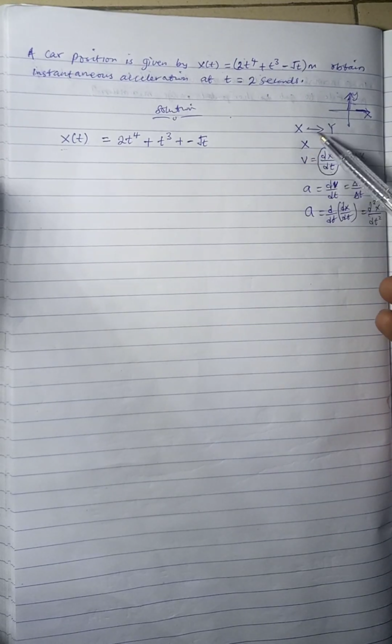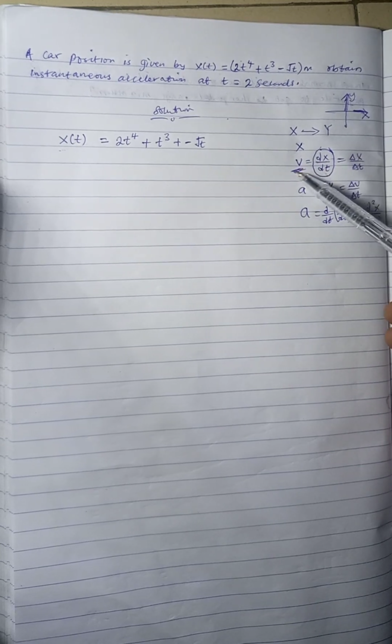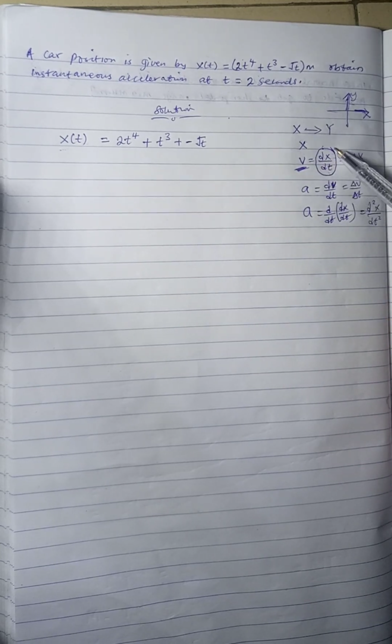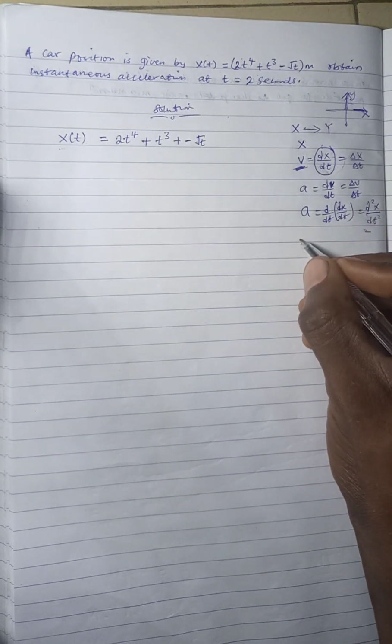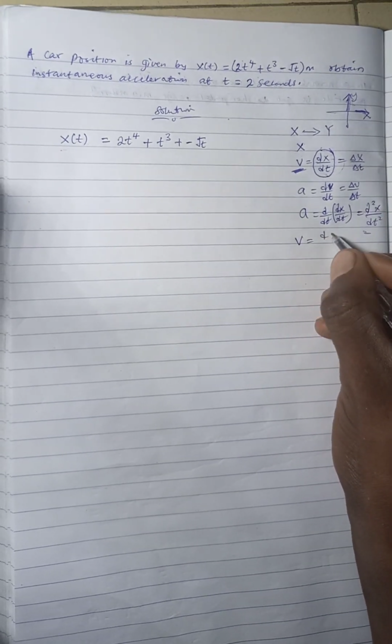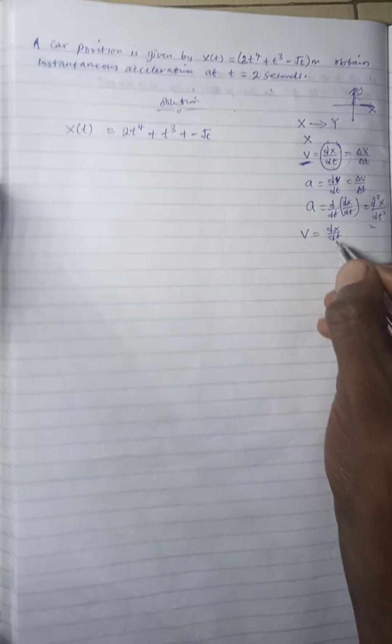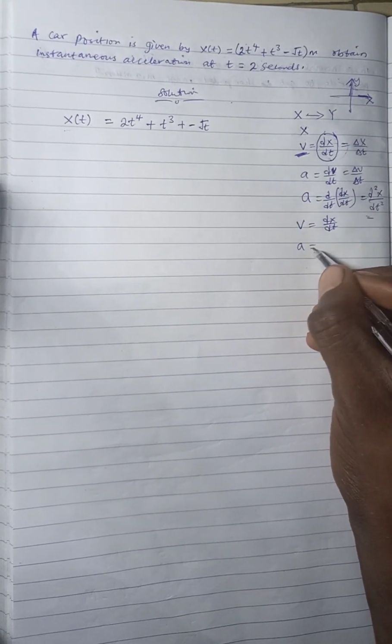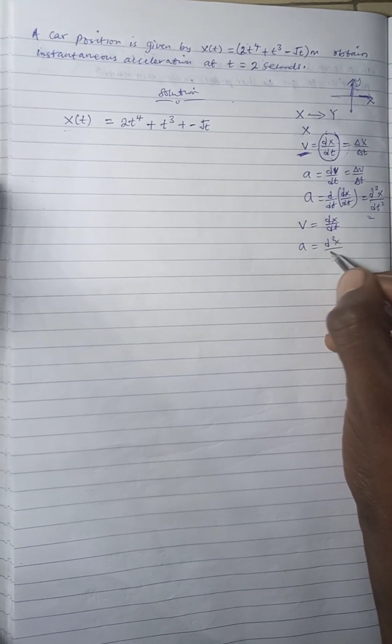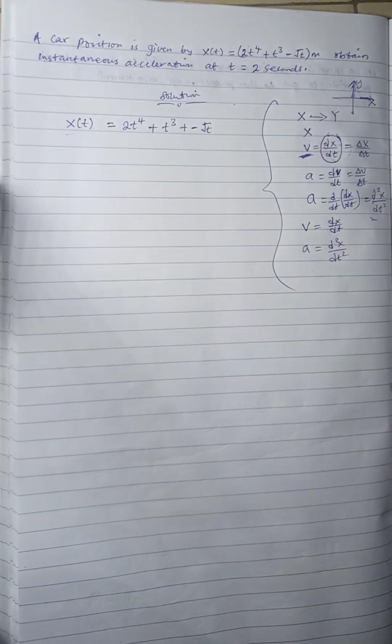So this tells us that if we have a position and we differentiate it once, we get velocity. And if we differentiate that again with respect to t, we now get what? Acceleration. So velocity means dx/dt, first order differentiation, while acceleration means d squared x over dt squared.